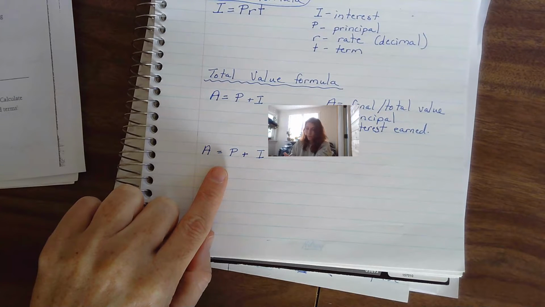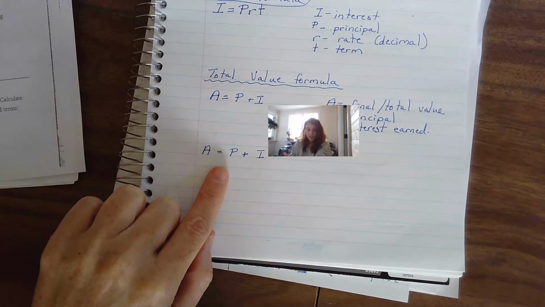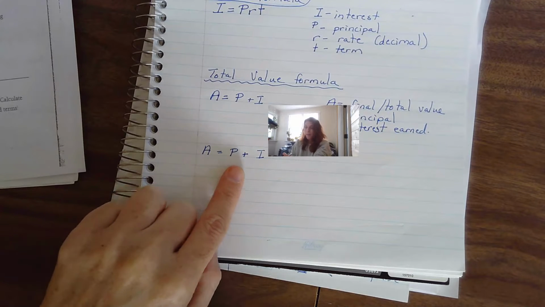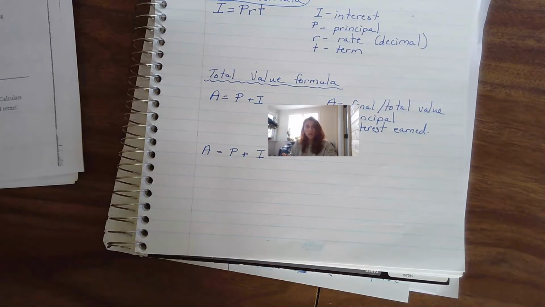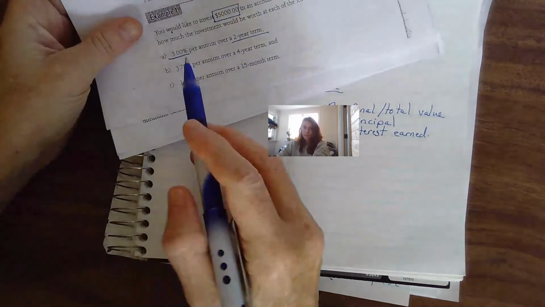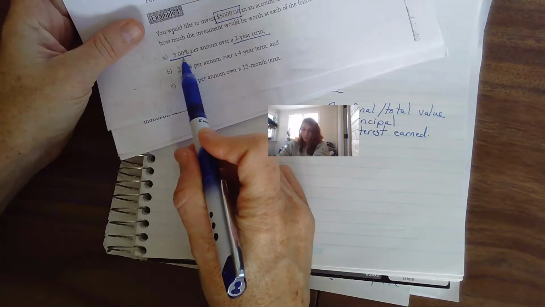With this one though, we have our principal and we have to figure out how much the interest is earned. We don't know how much interest is earned yet. All we know is the percentage per annum.